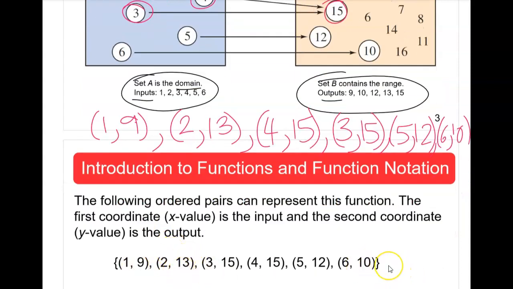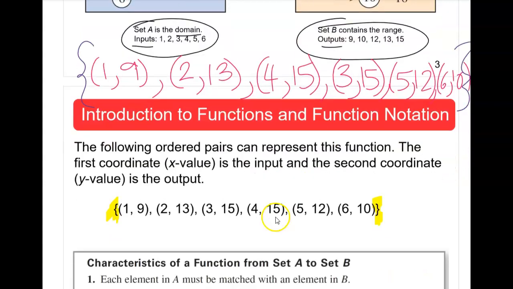So also, if we're calling it a set, you see how we have the curly brackets there? That is the symbol we use for a set. Okay, so the first number is the x value in the coordinate, or the independent variable, or the input.